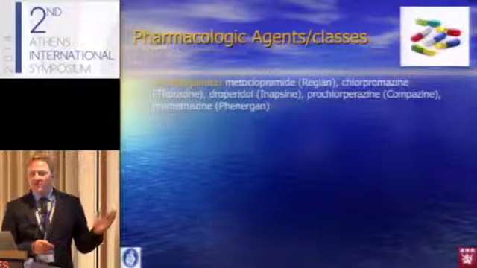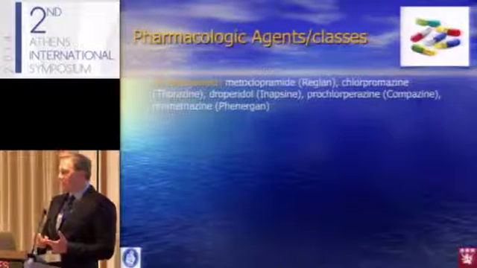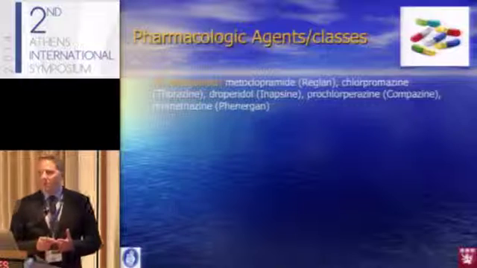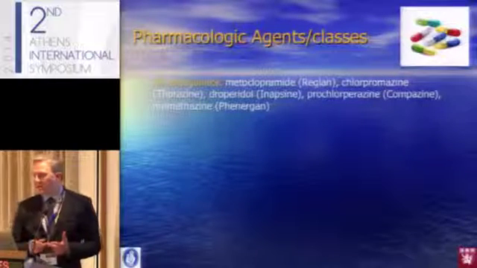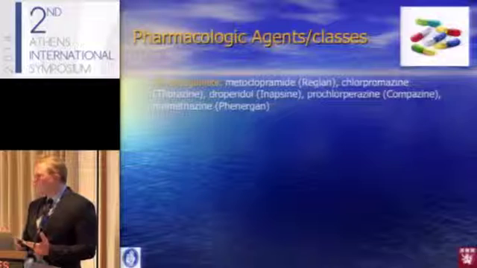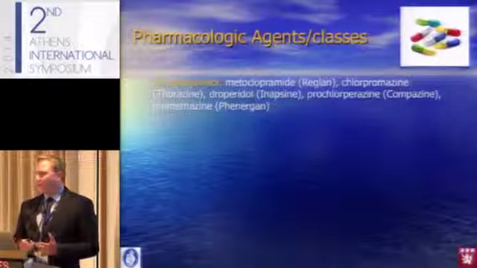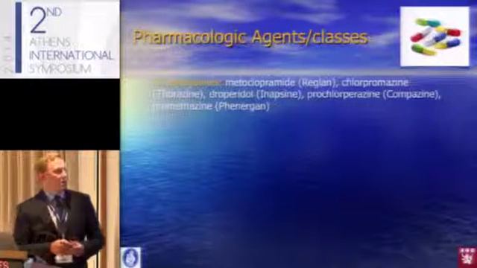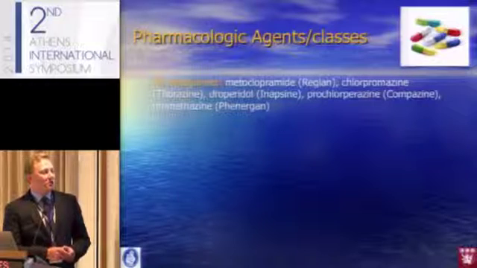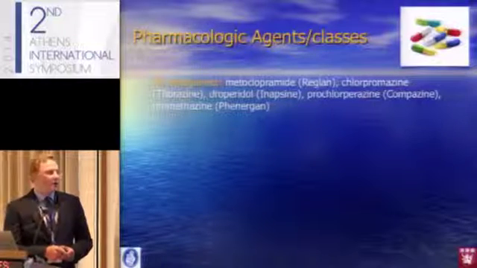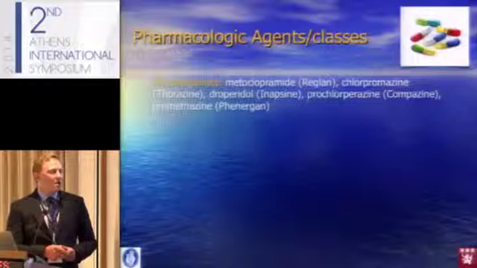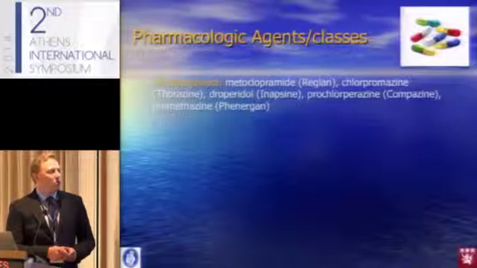So dopamine receptor antagonists have been around for quite a long time. They're usually benign, but they have the side effects of dyskinesia, as you may have seen. So that's why, for some reasons, they're often not used as much anymore. But Reglan is probably the most common, or metoclopramide, one of the most common anti-nausea medications. But there's also chlorpromazine, droperidol.